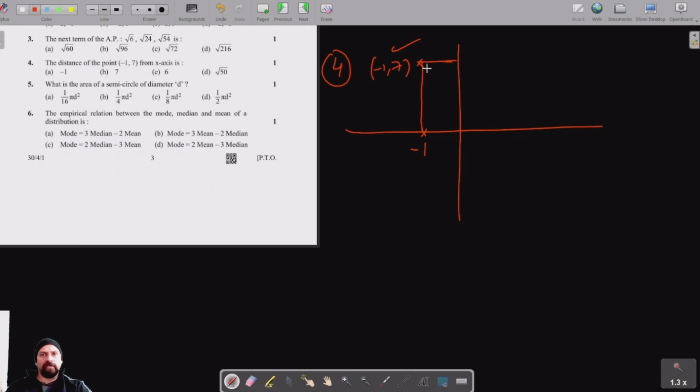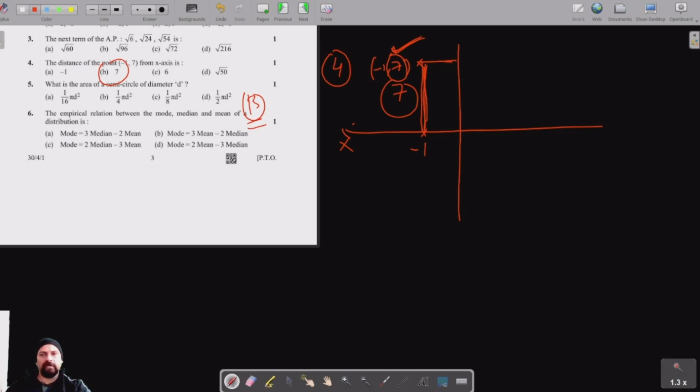Its distance from the x-axis is the y coordinate. This is the perpendicular distance from the x-axis, which is 7. So the distance from the x-axis is the y coordinate, which is 7. So this is option B.